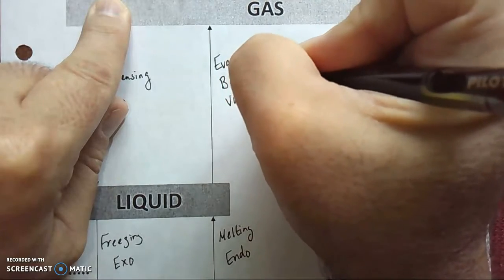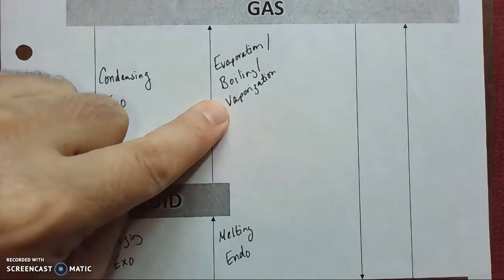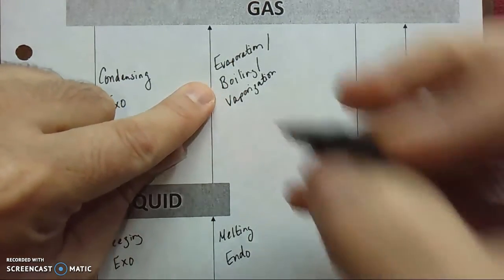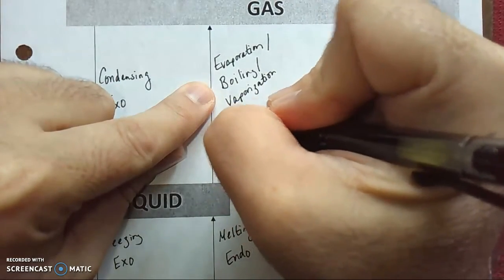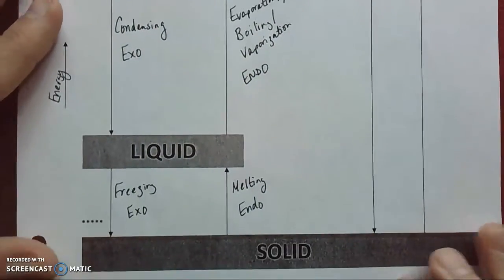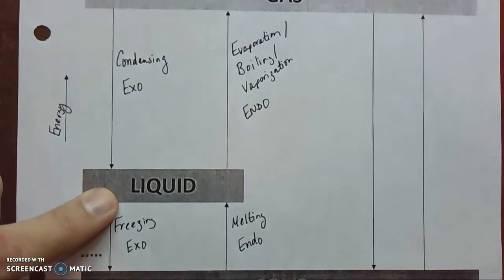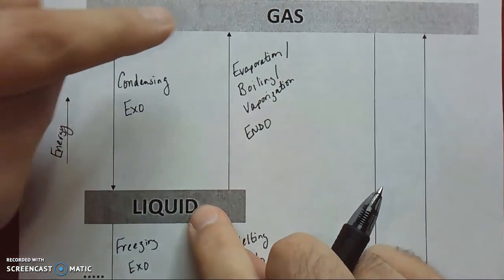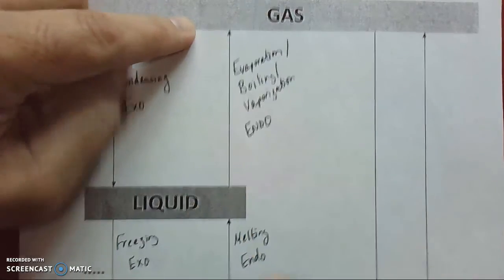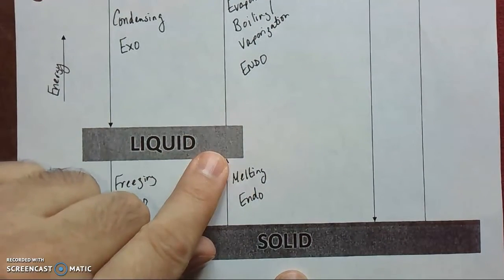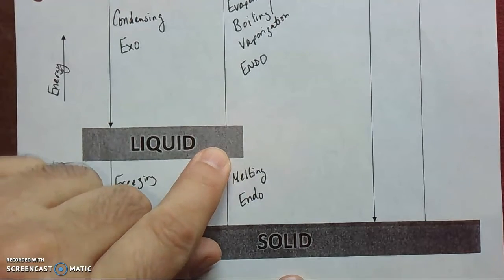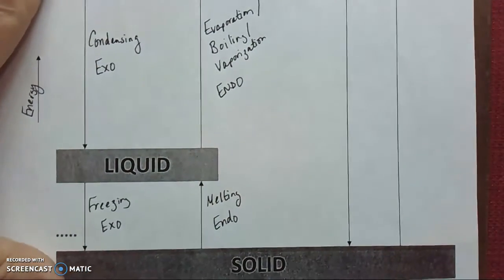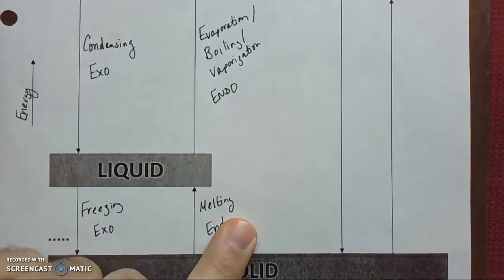So any of those terms, especially boiling and vaporization, are kind of interchangeable, but these are all endothermic also. And you'll notice that the space is different. That's because it takes a lot more energy to change a liquid into a gas than it does a solid to a liquid. And we're going to quantify that later. So this is just qualitative amounts.